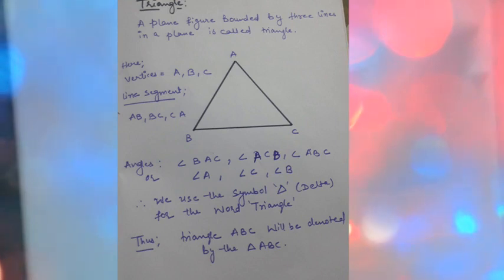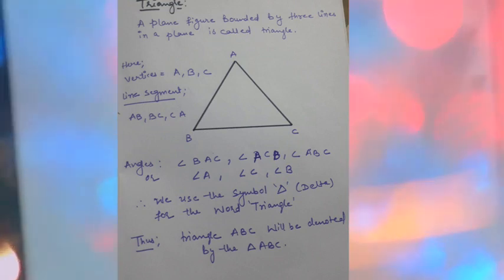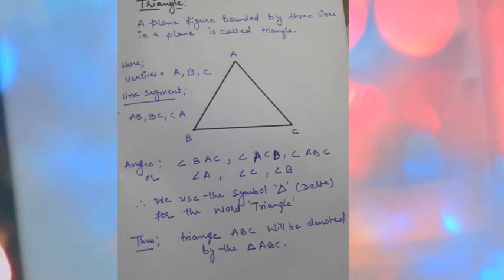For example, if I take A, B, C as three non-collinear points such that they are not in a line, then the line segments AB, BC and CA form a triangle with vertices A, B and C. These segments form angles, which we can name BAC, ABC and ACB, called the angles of triangle ABC.